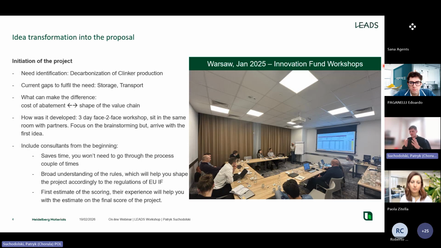However, later on, if you clash it with the requirements of the Innovation Fund, of the rules, like for example the cost of the abatement or the scoring of different aspects, you would need to reshape again your idea, your proposal. Of course, there was a session where consultants explained to us what the rules are, how we could fit into the rules according to the Innovation Fund standards.